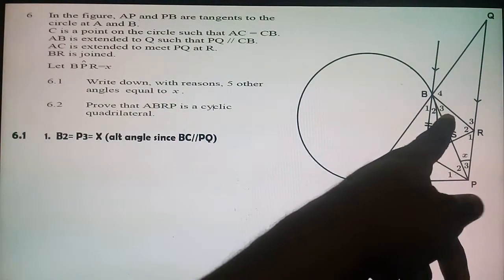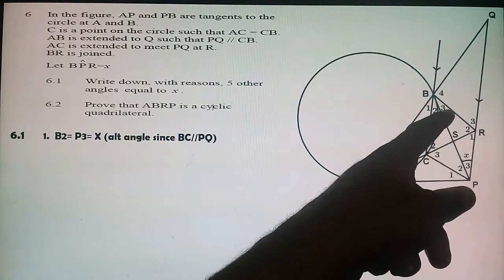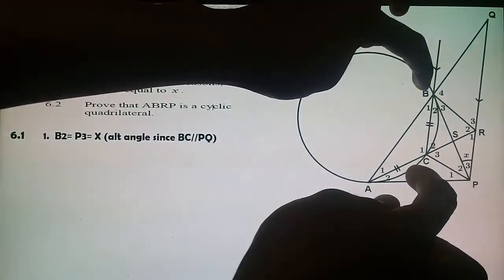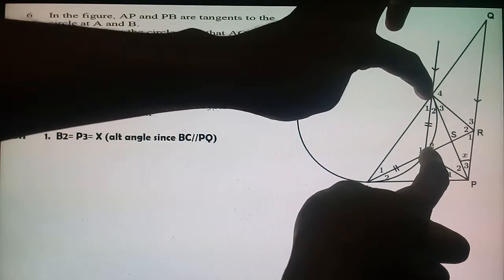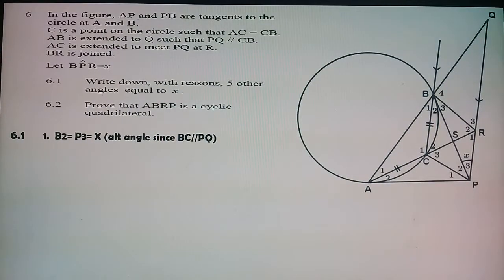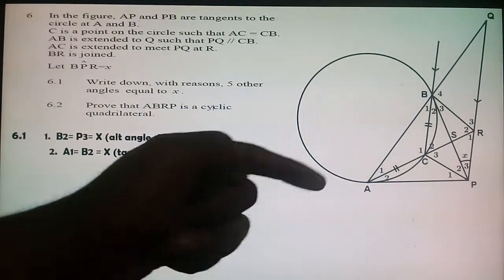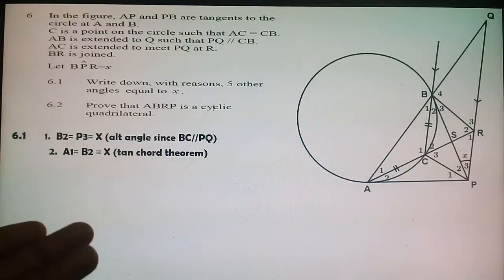What do you conclude about B2 and A1? The angle between the tangent and the chord equals the angle in the alternate segment, A1. Conclusion now, A1 equal to B2, also equal to X. The reason for that, the tan-chord theorem.